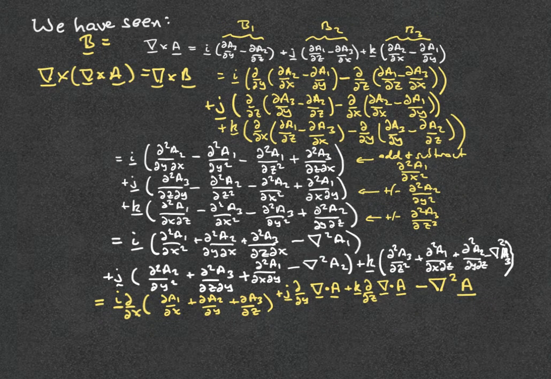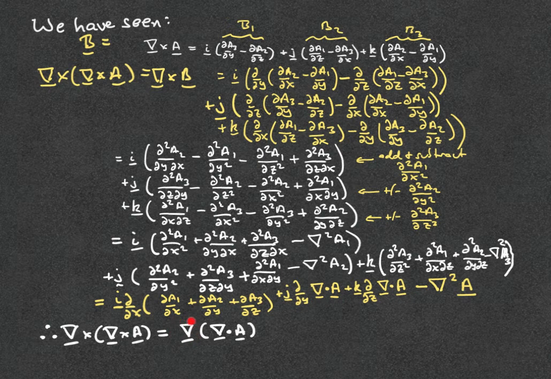So I've made a bit of room and I can write down our final result, and the result we've seen is that the curl of a vector field I'm calling A is equal to the gradient of the divergence of A. That corresponds to these three terms here.